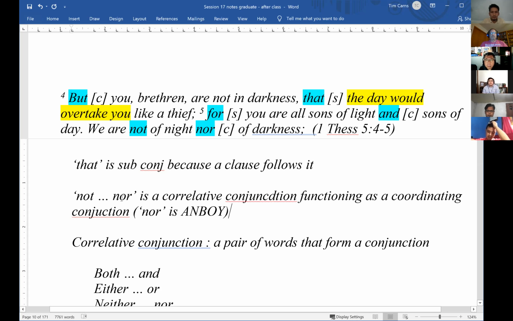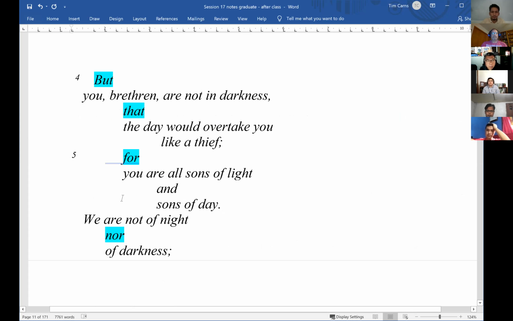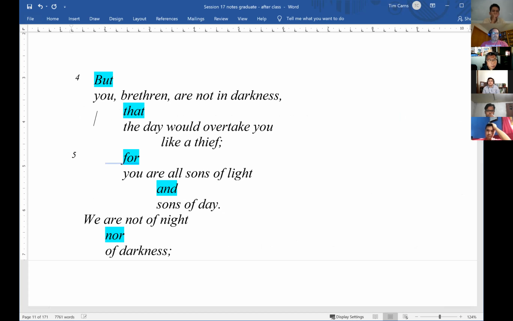So let's see, what does this diagram look like? Okay, now again, we can get a lot of insight just by noting the conjunctions here. First, we have a conjunction but that's introducing the sentence.